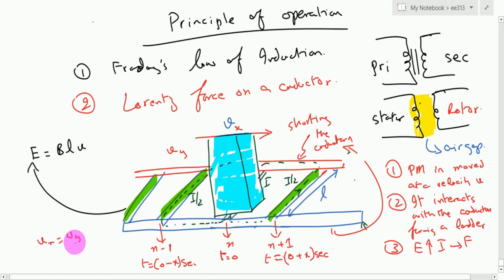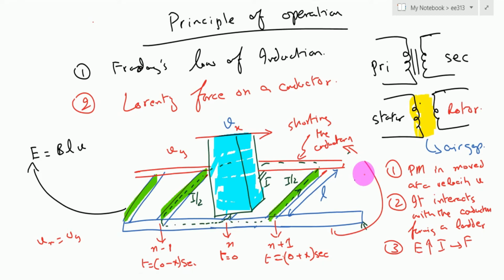And consequently, if they are moving at the same speed, then there will be no induced EMF in the system, and because of no induced EMF, there will be no current I, and the force exerted on these conductors will be equal to 0. As a result, the motor will decelerate. As it decelerates, there will again be a relative difference between the speed of the permanent magnet and the speed of the ladder.